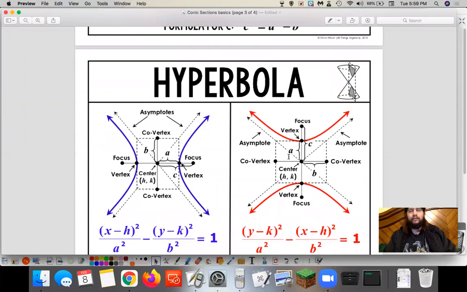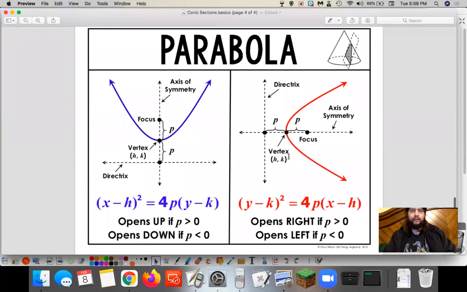Next up, well, let me go to this one first, the parabola. This guy you should recognize from Algebra 1, Algebra 2, earlier this year. We've done the parabola. We've done them a lot. That's your quadratic, ax squared plus bx plus c equals 0. However, here, we're going to look at them slightly differently because we're not necessarily looking at a parabola as a function, because we could have a sideways parabola.